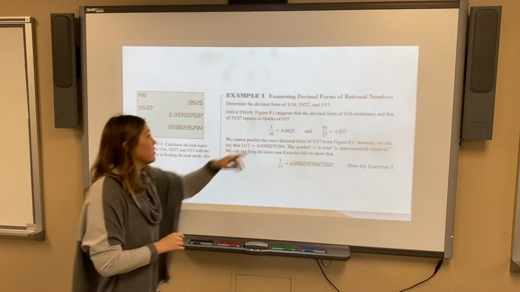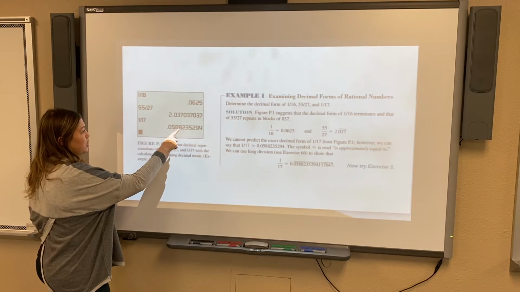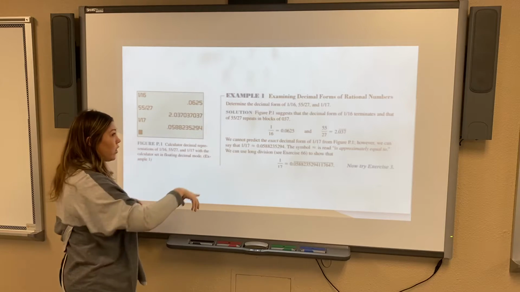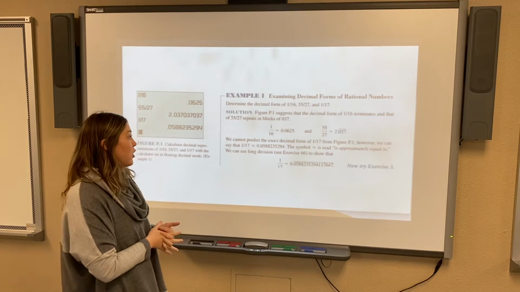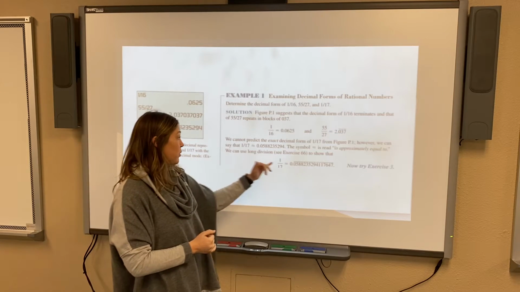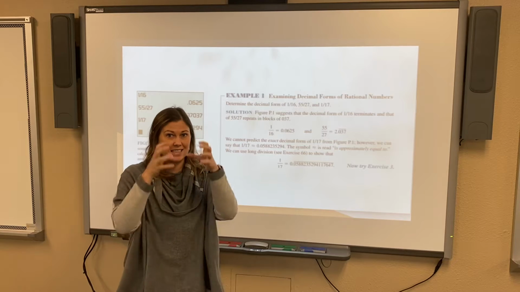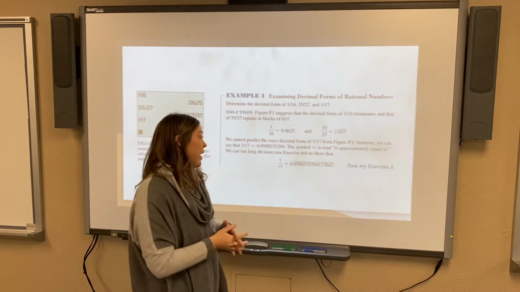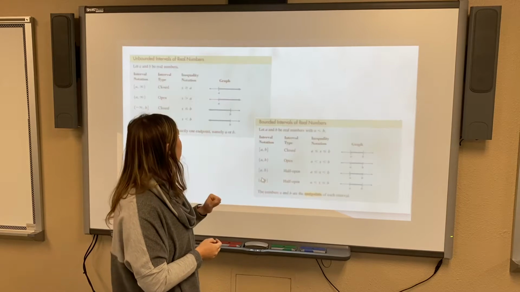If we did 1/17, this would be 0.588235294. There is no pattern, nothing is repeating. It is only approximately equal to this, so it doesn't terminate. We cannot find the exact decimal, so the exact number is just 1/17.